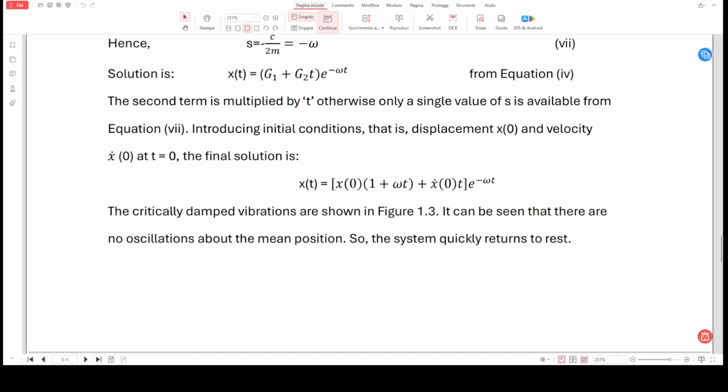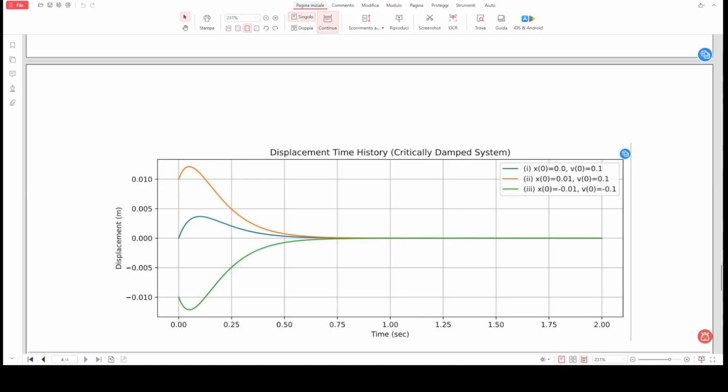The critically damped response is shown in this graph for different initial conditions. For the blue line, the displacement starts at 0 and the velocity at time 0 is equal to 0.1. For the orange graph, the initial displacement is equal to 0.01 meter, and the velocity is equal to 0.1.